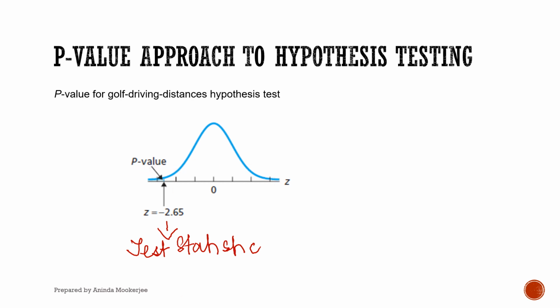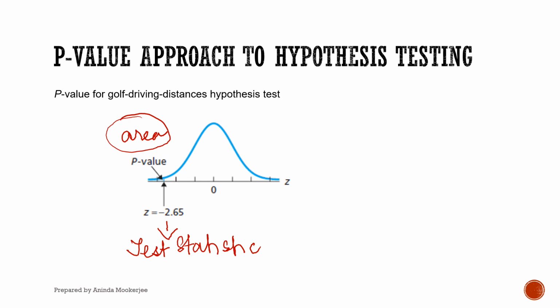So the p-value represents area. It's not the significance level alpha, but it represents area, and area can also imply probability.